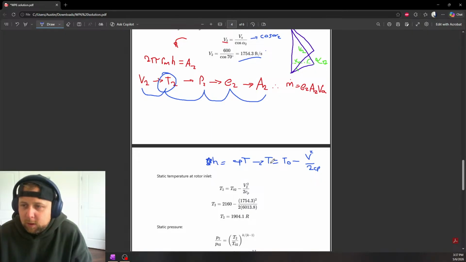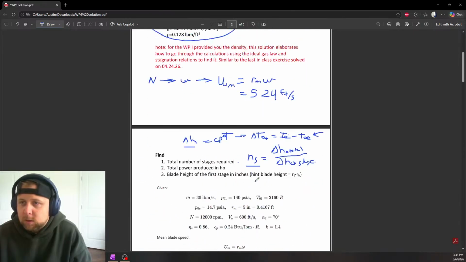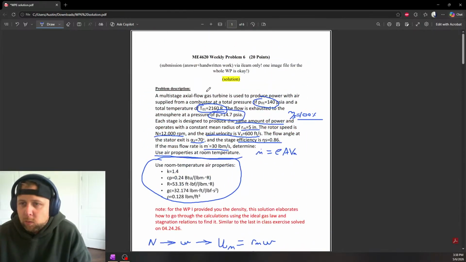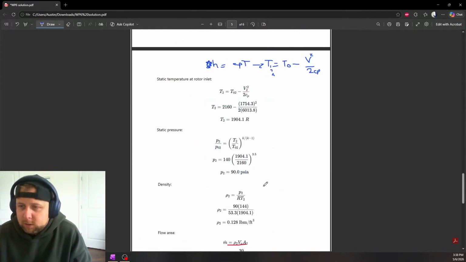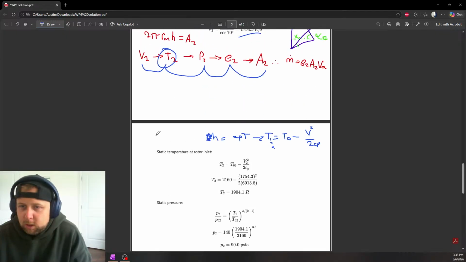And these can be 1, 2, 3, and so on. So we don't know this. We know our T2 because our T2 is 2160, which is the total temperature we're looking for. In this reaction, our TO1 is equal to TO2.